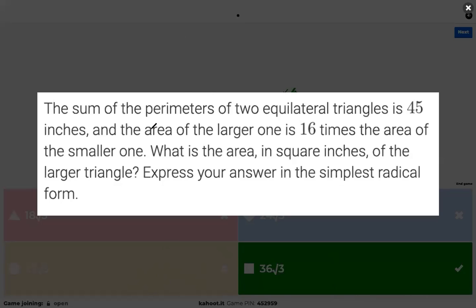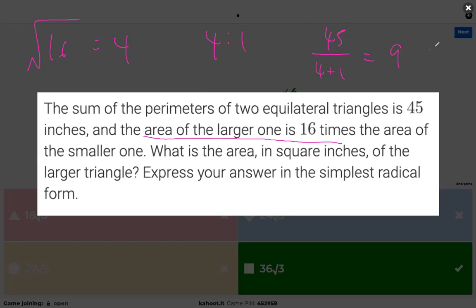Okay, so first we'll look at this part where the area of the larger one is 16 times the smaller one. That means the side length of the larger one is 4 times the side length of the smaller one. And that means that they're in a ratio of 4 to 1. So the perimeter of the smaller one would be 45 over 4 plus 1 equals 9.